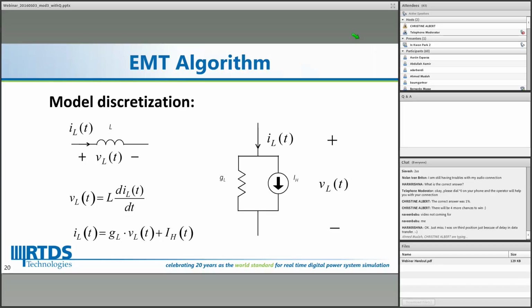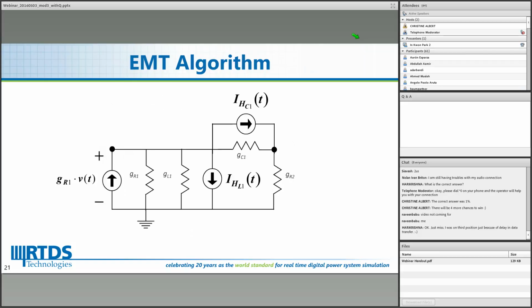So that's the first part of the EMT algorithm, and I believe many people here are already familiar with the usual integration technique under the EMT algorithm, which is the trapezoidal rule. After applying that discretization, we can transform the circuit in the previous slide into a circuit like this.